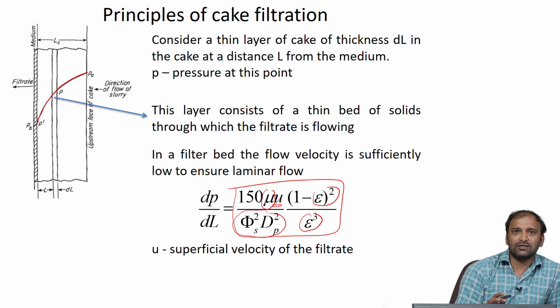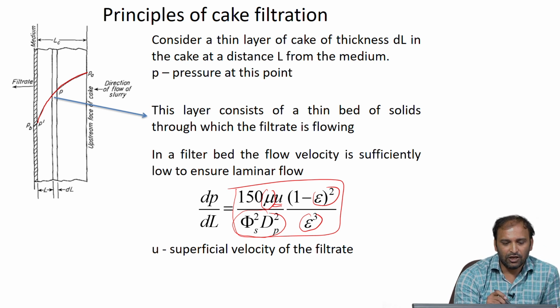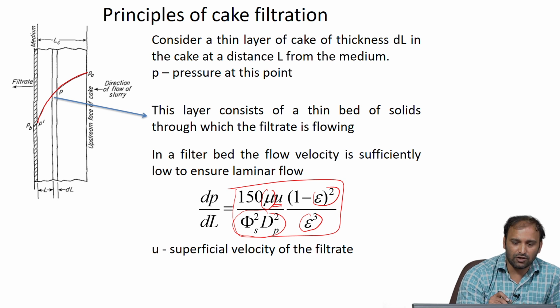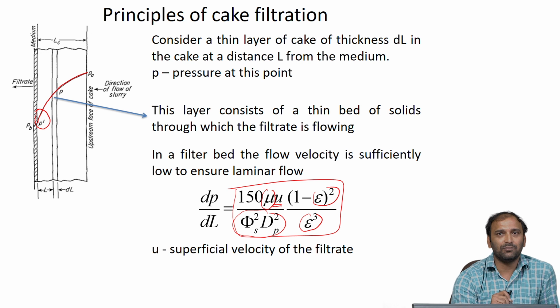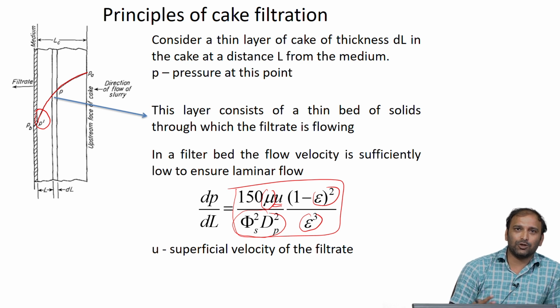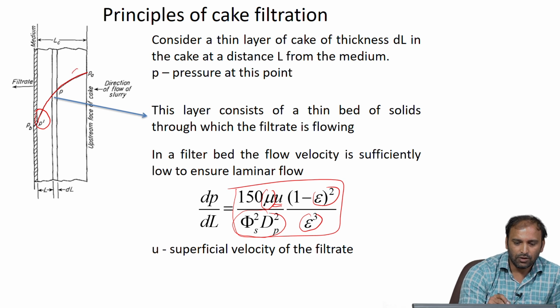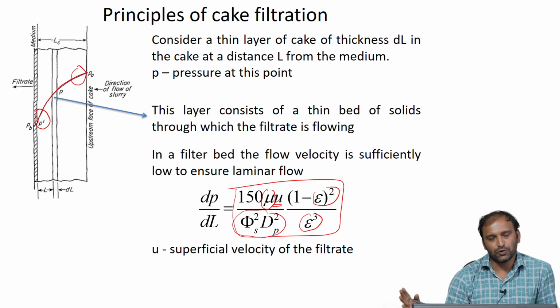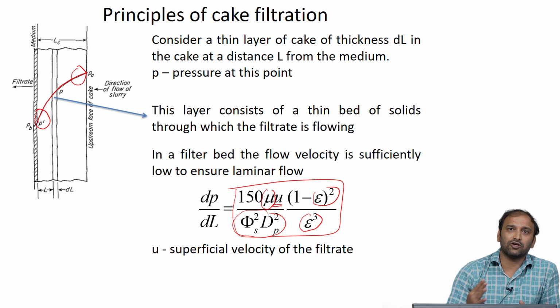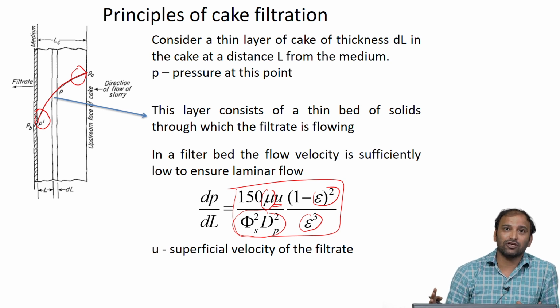The reason for that is that regions of the filter cake close to the filter medium are subjected to a greater compressive force compared to the region closer to the upstream, because of which there could be a spatial variation of porosity.